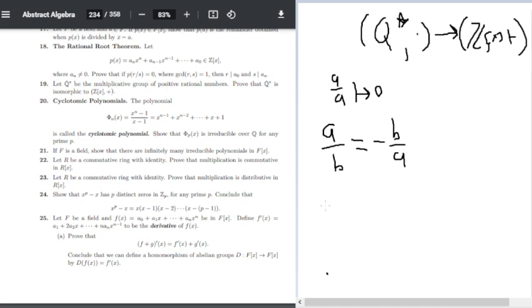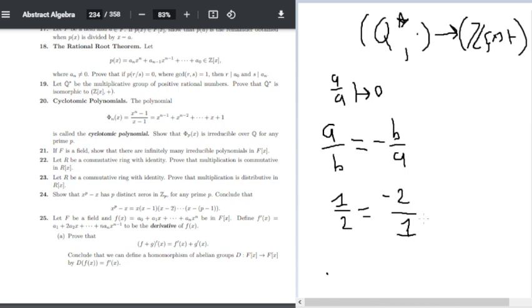So we have, for example, 1/2 is equal to negative 2 over 1, as polynomials.